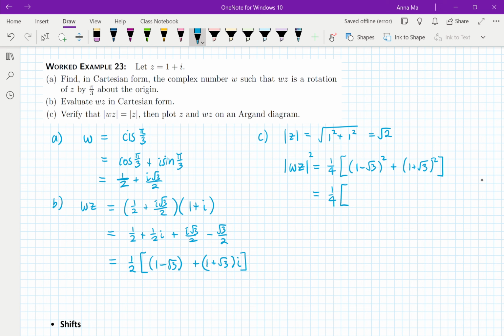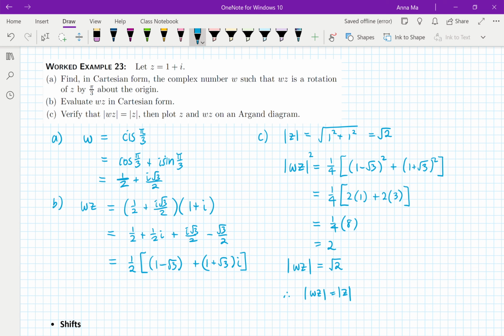So the only terms that are left in this expansion would be 2 lots of the 1 squared, which is 1, plus 2 lots of the root 3 squared, which is 3. I hope everyone is able to do that calculation pretty quick. So I get a 2, which means if I square root to get the actual modulus, it should be root 2. Therefore, we have proven that the moduli are equal. So I guess there hasn't been any enlargement, as we said before.